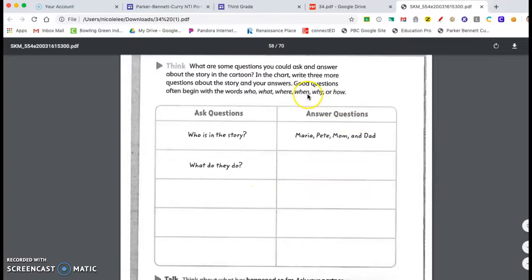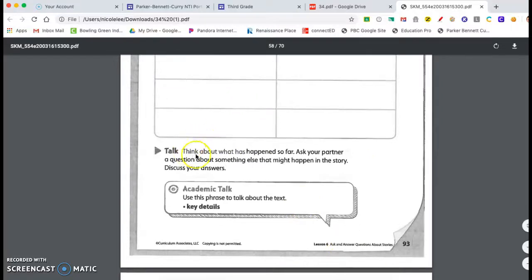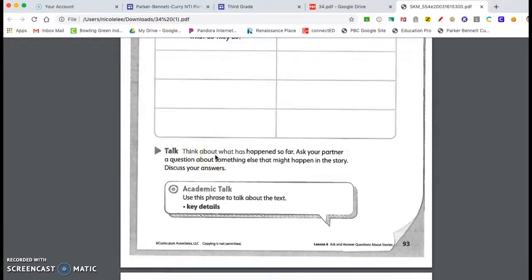Let's move on to when, or why, or how. You get to choose which question you want to ask. You ask the question here and then you answer yourself here. Ask a question, answer the question. Then you're going to talk about what is happening so far in the cartoon.